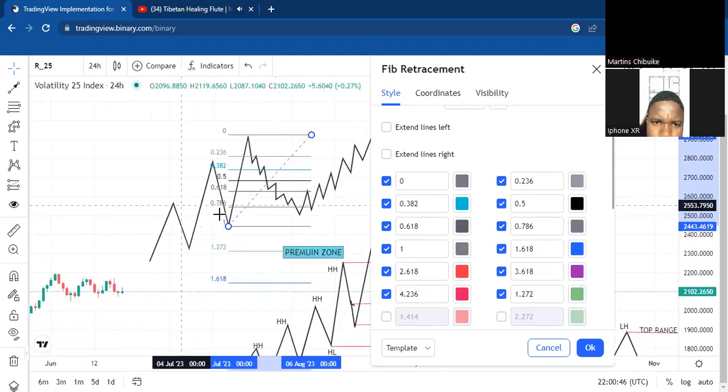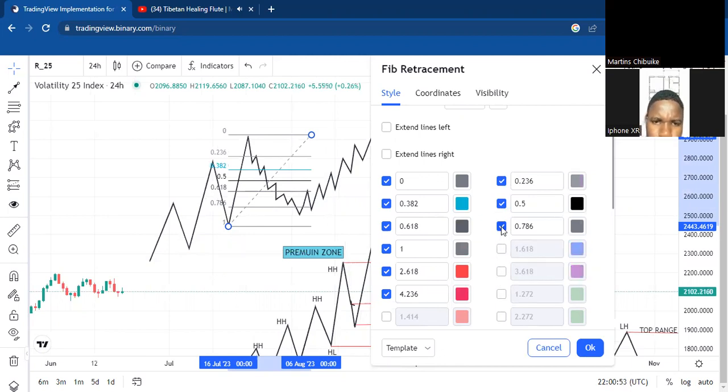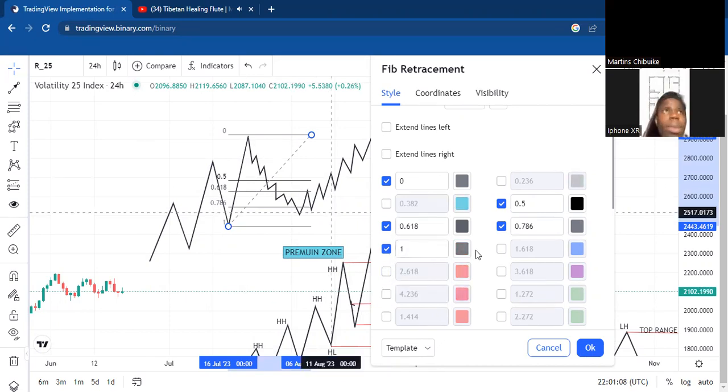But we don't need all those lines. I need this level. 50% level is good. Remove this level, it is of no use. I only need from 50% down. My 1% is very important. This is all I need.